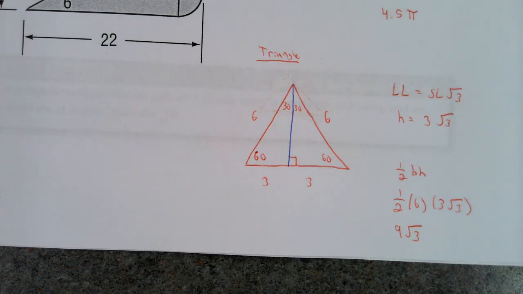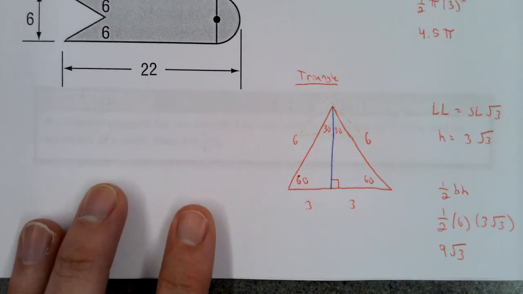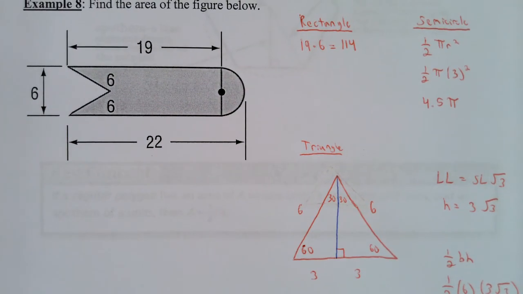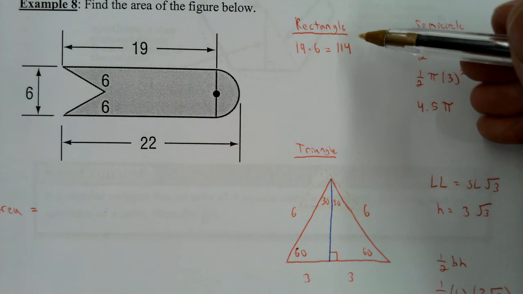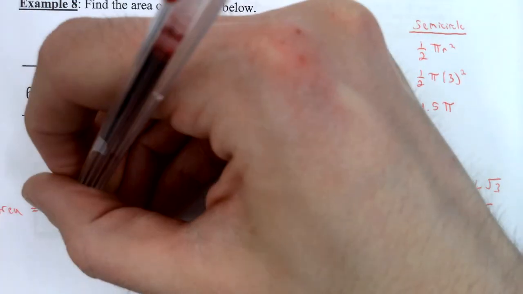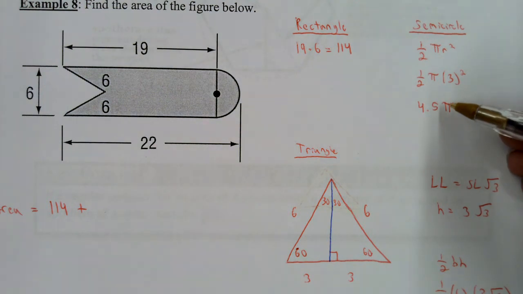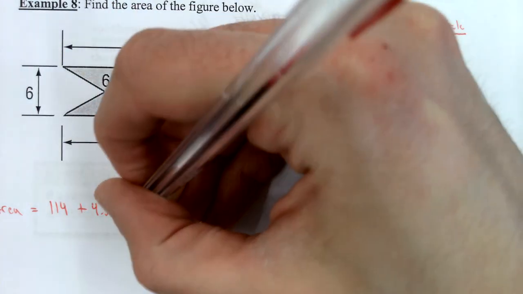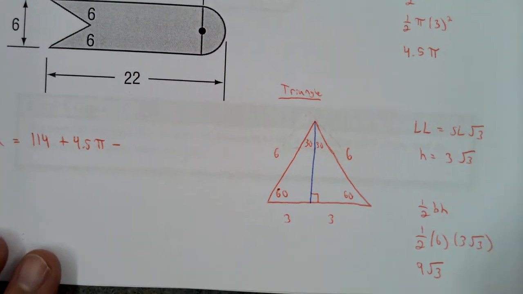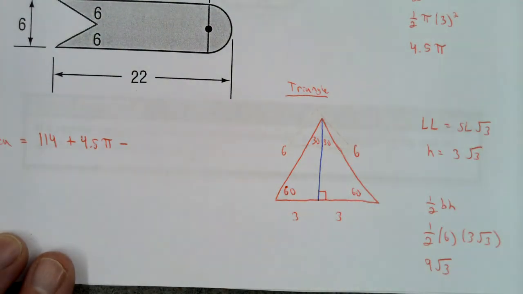Now we can finally get our answer, okay? The total area of this ugly looking shape equals 114 for the rectangle plus 4.5 pi for the semicircle minus 9 square root of 3 for the triangle, which we had to subtract out.